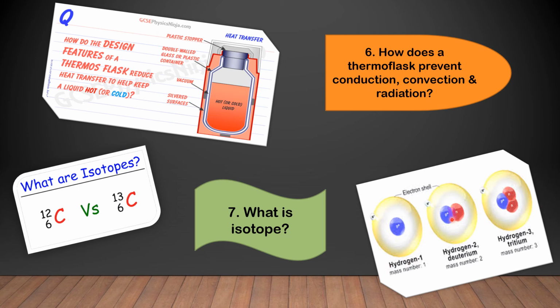This is hydrogen isotopes. This is hydrogen 1, that is protium. This is hydrogen 2, this is deuterium. And that is hydrogen 3, this is tritium. Here mass number is 1. Here mass number is 2, you can see. And here mass number is 3. That also you can see. You know deuterium.